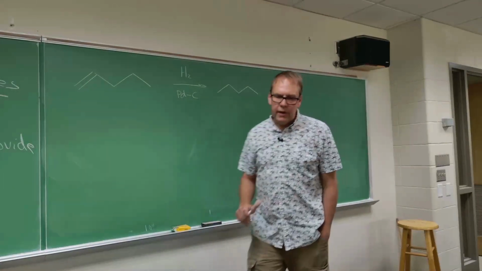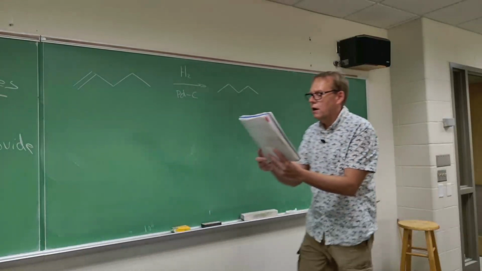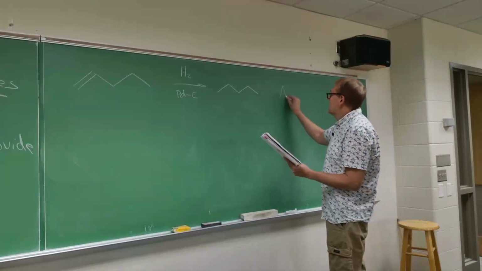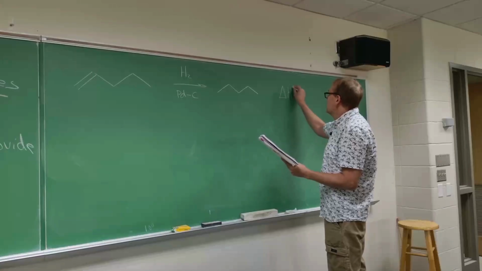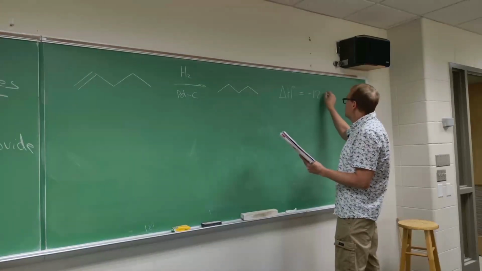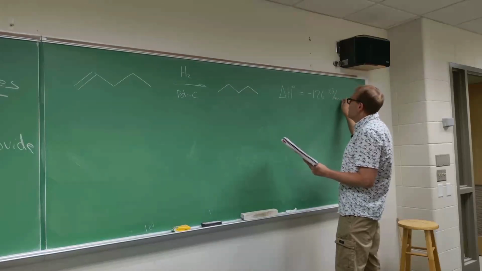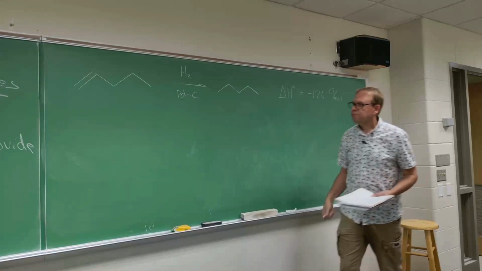So there's a delta H value for this reaction that is 126 kilojoules per mole. So the delta H here is equal to minus 126 kilojoules per mole. It's negative because heat is coming out.